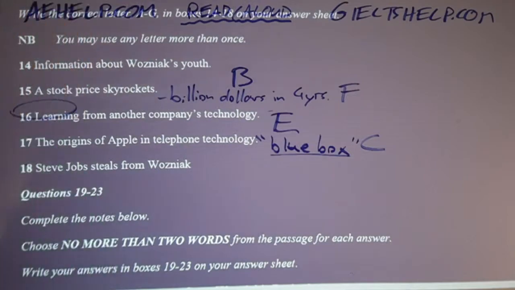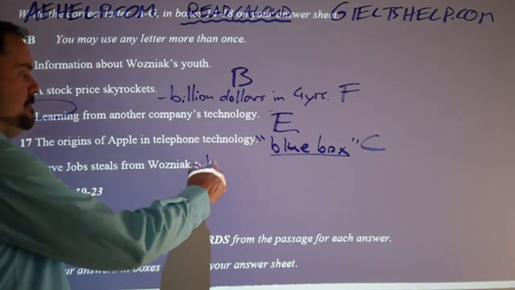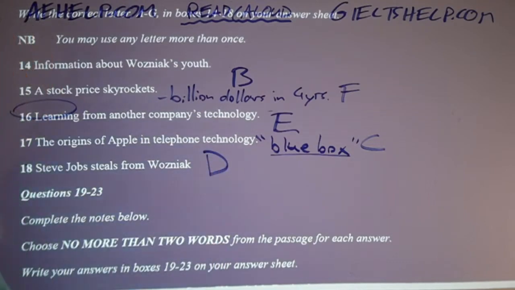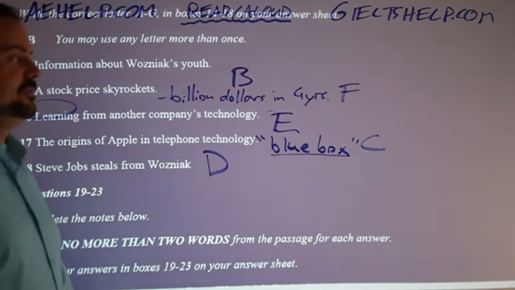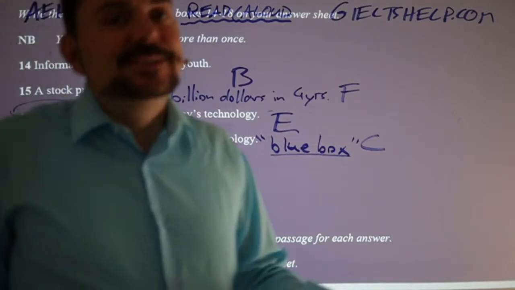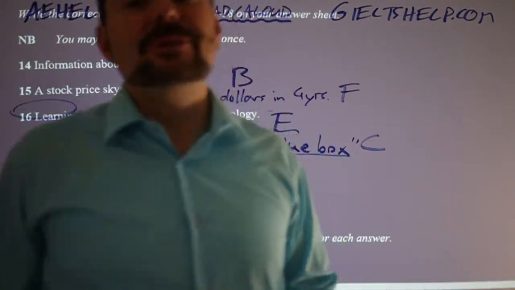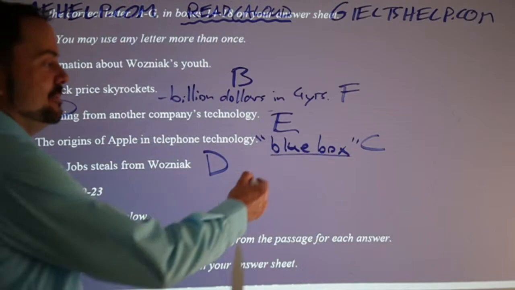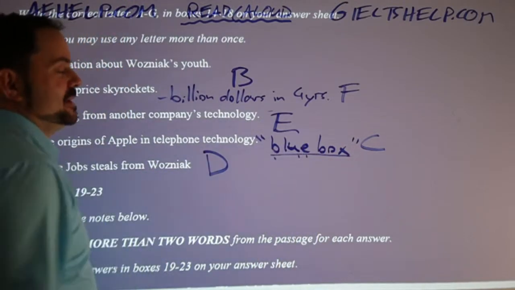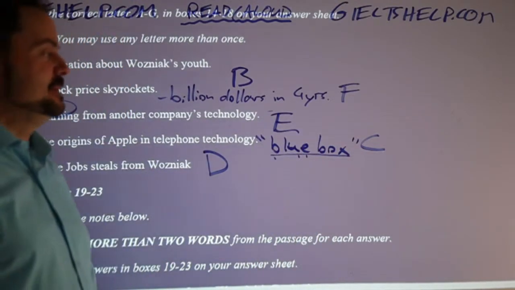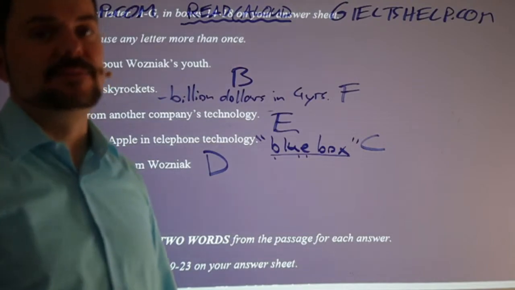So that's stealing $10,000 from your buddy. That's pretty bad. So both myself and Jobs, we're worth our money, right? So I'm making a blue box that circumvents people having to pay for long distance phone calls.